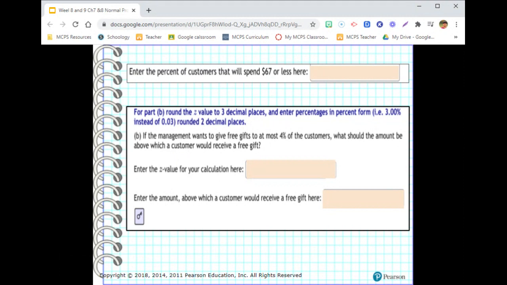For part B, round the Z value to three decimal places and enter percentages in percent form. That's the rule for how you round your answer. If the management wants to give free gifts to at most 4% of the customers, what should the amount be above which a customer will receive a free gift?